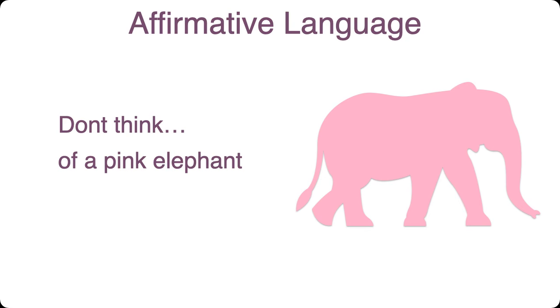And if you hear yourself say don't, you can always stop yourself and correct it by adding in the corresponding thing you do want them to do, just so that you switch the picture over. So, don't drop that. Hold on tight to that, steady as you go. But if you can avoid saying the don't in the first place, that would be awesome.